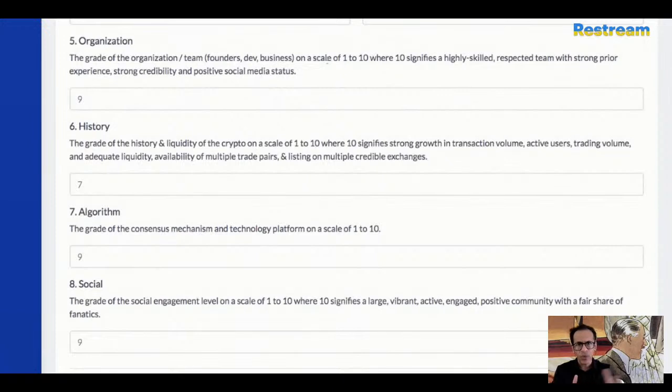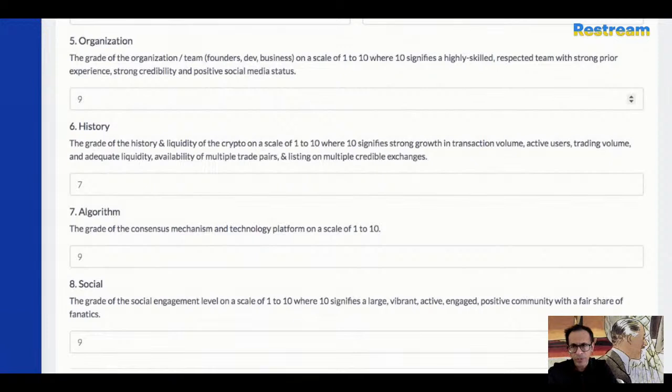Rate them on a scale of 1 to 10, where 10 signifies a highly skilled, respected team with strong prior, of course relevant, experience, strong credibility, and positive social media status. Depending upon that, you are going to give it a rating between 0 to 10.